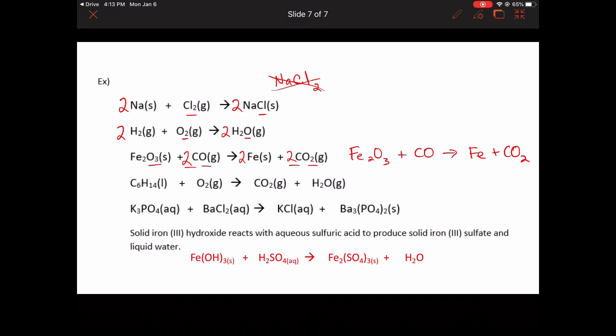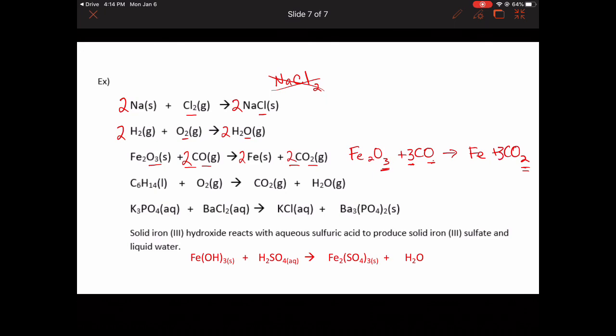Because on the right, I'm always going to have an even number because I have CO2 there. All right. So instead of maybe going to 4, maybe I try to go to 6. So to do that, I already have 3 oxygens there, so I need to put a 3 there to give me 3 oxygens here, and these 3 oxygens plus these 3 oxygens would give me 6 oxygens. Then I would have to put a 3 in front of CO2 to give me 6 oxygens on the right.